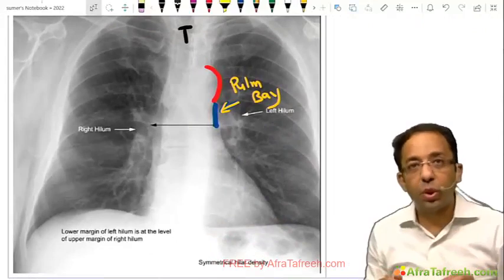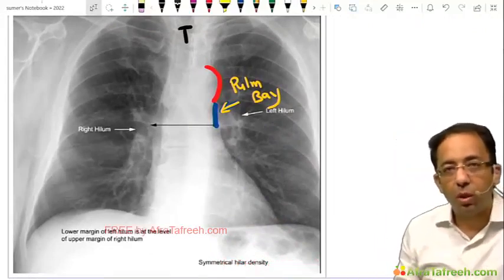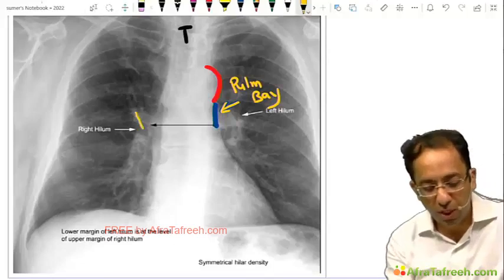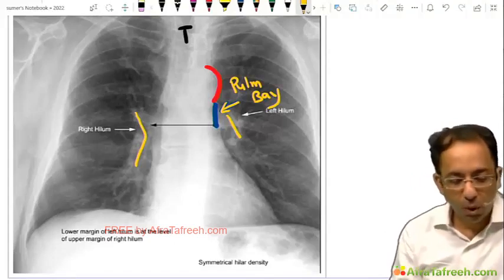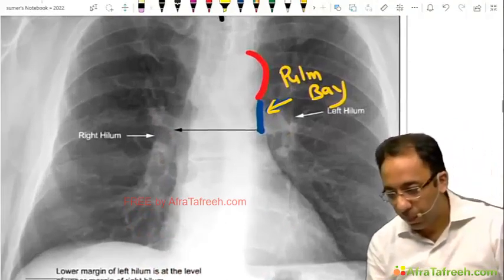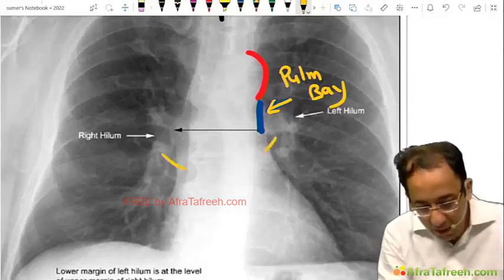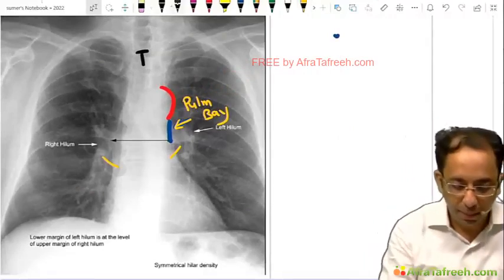Now, after you see the pulmonary bay, I want all of you to focus your attention to these white structures in the center. Can you see on both sides? On both sides in the center, there is some white thing here. This is called as the hilum, radiological hilum.